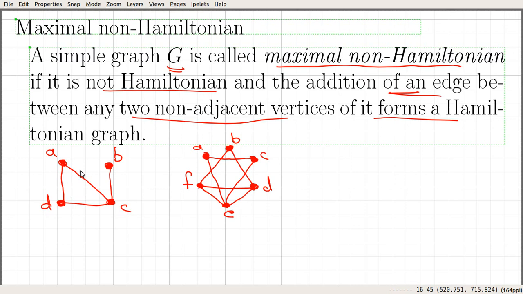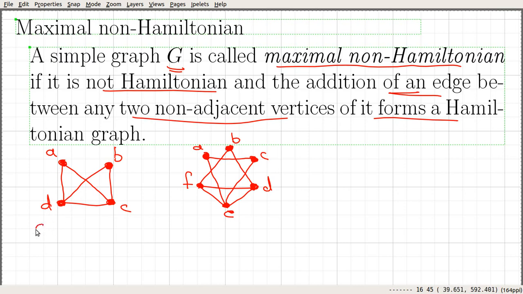So here we can see that two edges are missing, AB and BD, right? If we add this edge between D and B, immediately we can find a Hamilton cycle here.